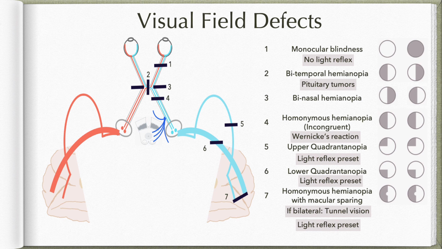Then there is lesion number 2, that is a lesion through the central part of the optic chiasma. This is the area where the nasal fibers from both retinae cross over to the opposite side. The lesion to this area is usually due to a tumor arising from the pituitary gland. As it enlarges, it will compress the optic chiasma from below.